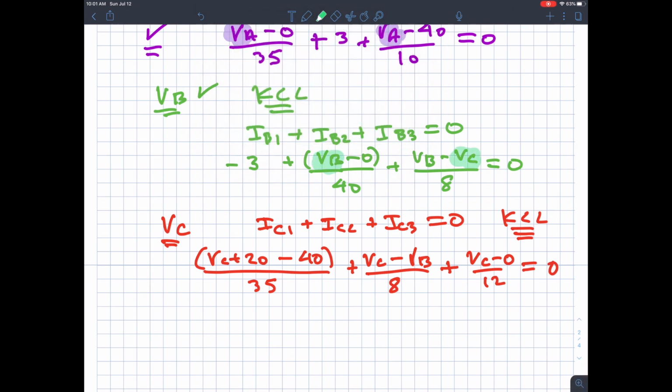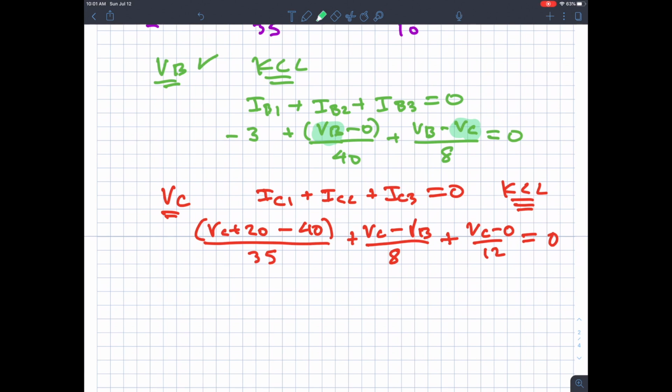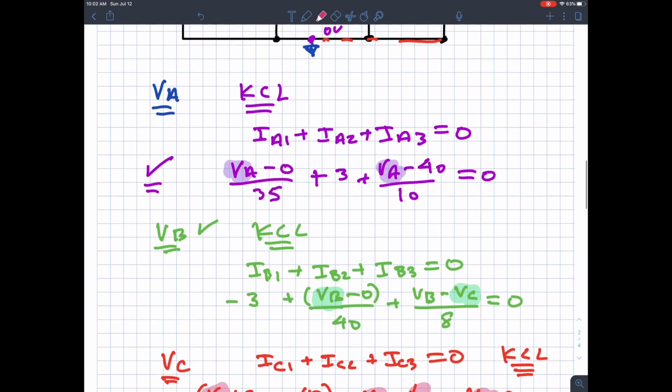But then it's two unknowns, one equation. But then I look at my next equation, and I see that I have VC and VB as unknowns. Okay, so I have two equations, two unknowns. So overall, what I did was I wrote 3 node equations for 3 unknowns, and you can just plug those into some kind of equation solver or do them by hand, and you get the solution for the node voltages of this circuit.